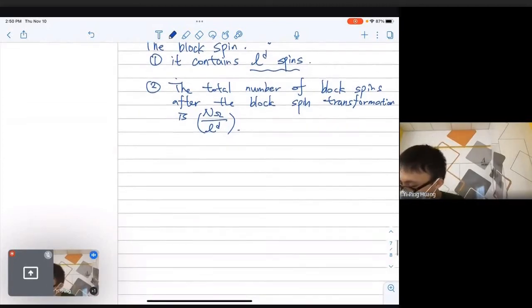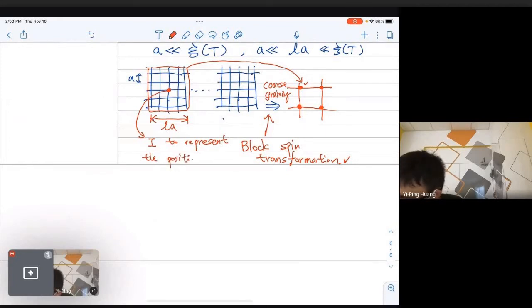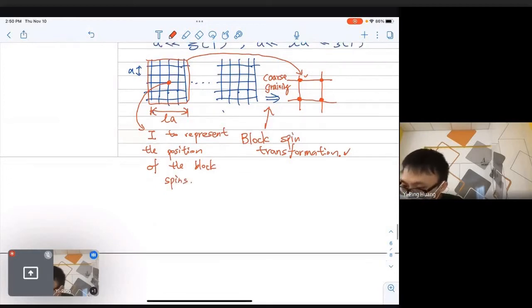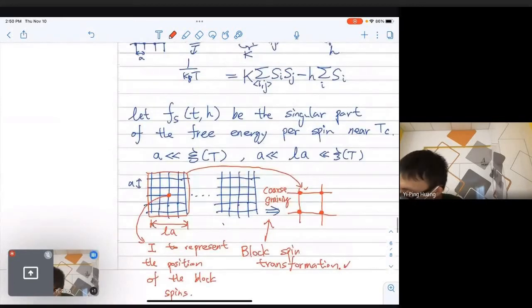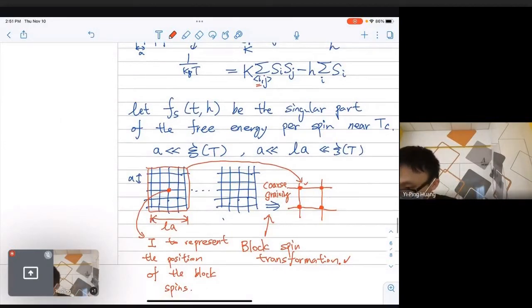So now the question is, suppose for each block spin we use some coordinate, say capital I, to represent the position of the block spin. Capital I is just to distinguish the block spin from the little spins with subscript i.